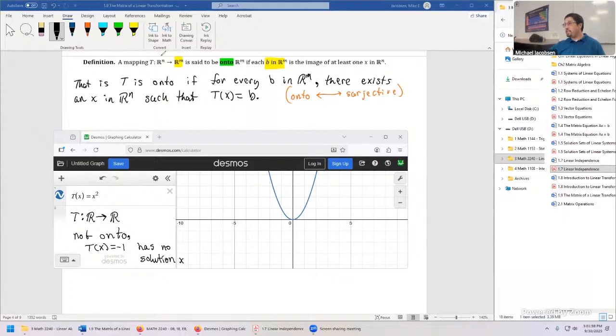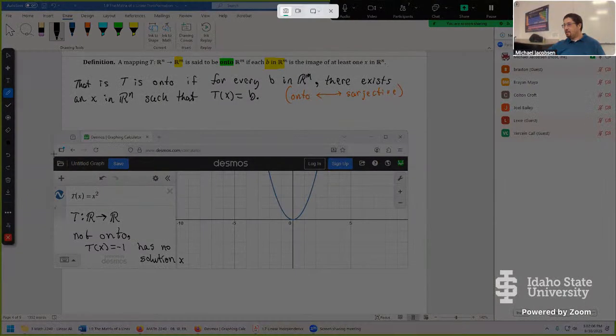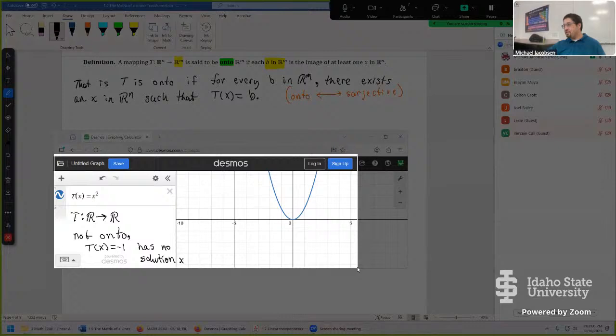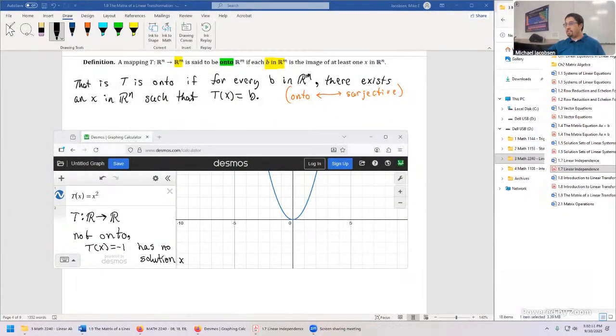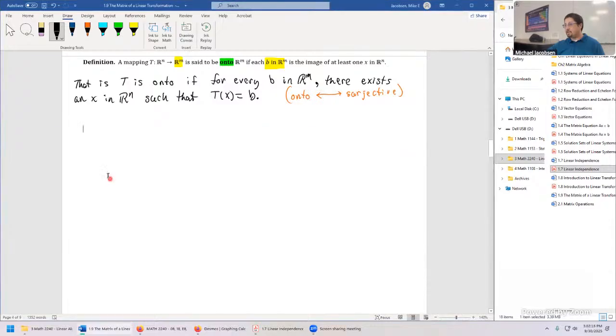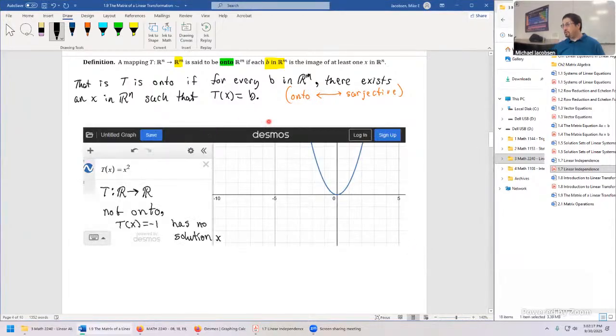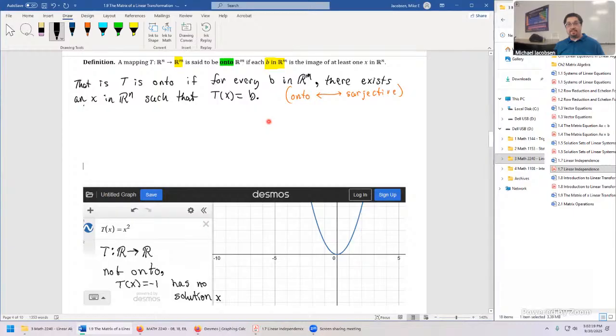But again, the domain and codomain are special ingredients here, and particularly the codomain. If we change our view on this function, we can force it to be an onto one. So this is just us geometrically thinking about onto as a definition all on its own.